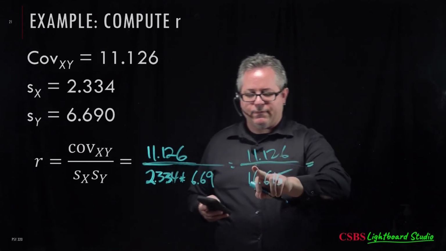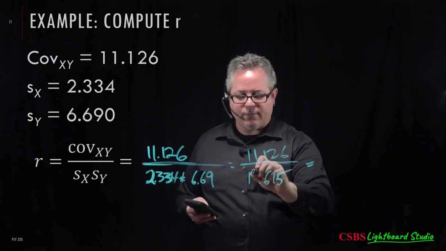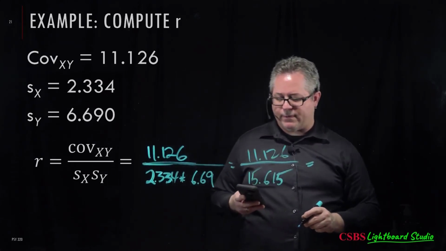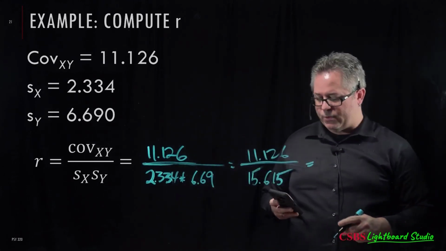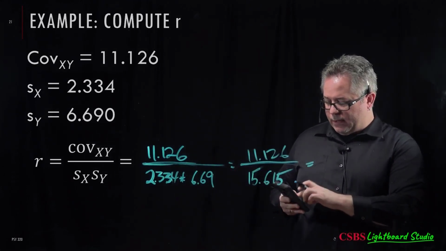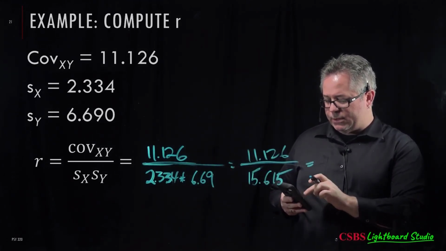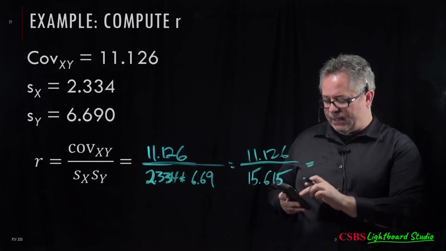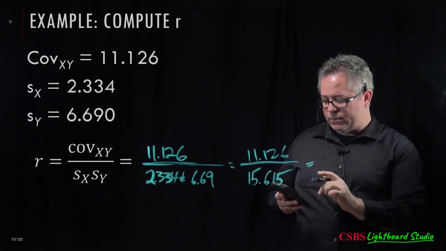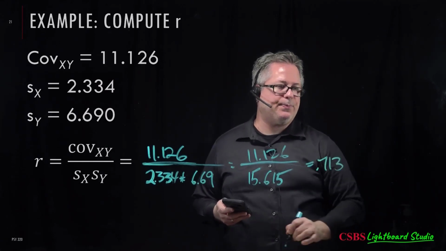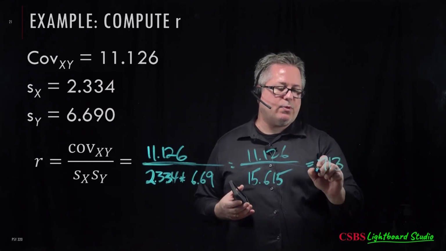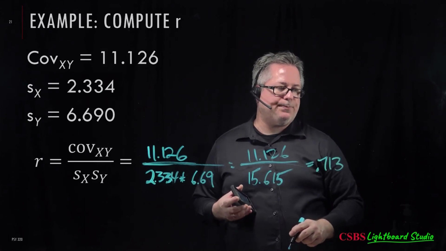Okay, so 11.126 divided by 15.615 equals 0.713. So this 0.713 is our correlation.